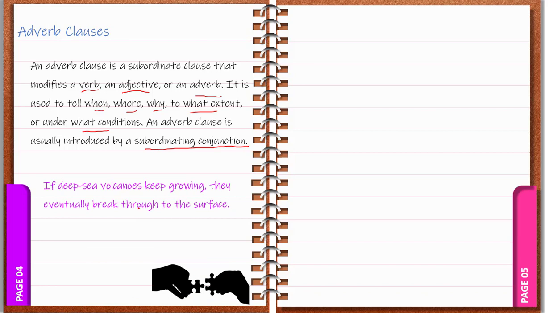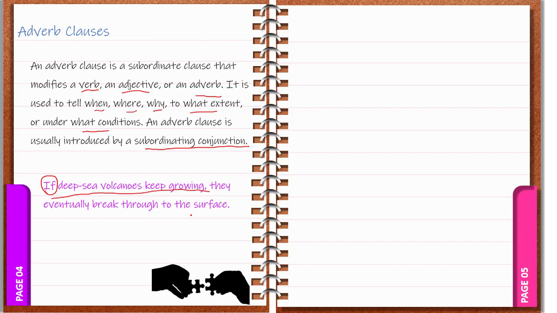We have an example here. If deep sea volcanoes keep growing, they eventually break through to the surface. As we said, an adverb clause is introduced by a subordinating conjunction. As we see our subordinating conjunction there, what comes with it is our adverb clause.